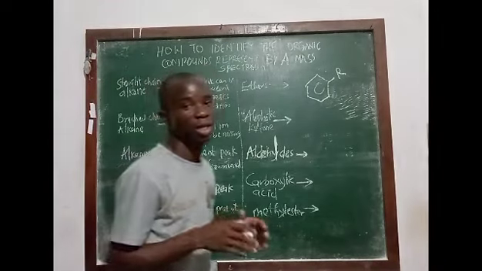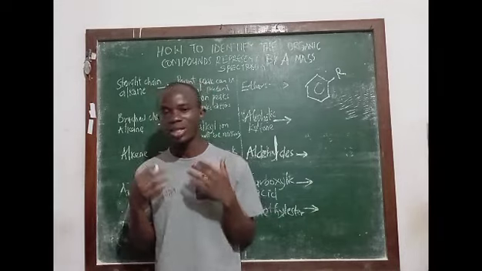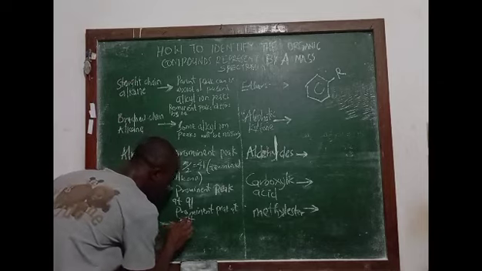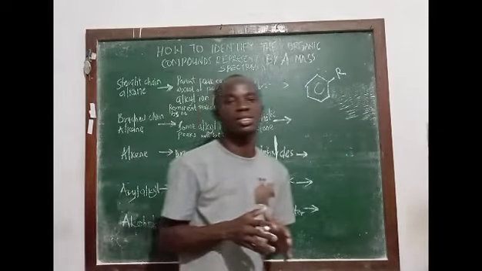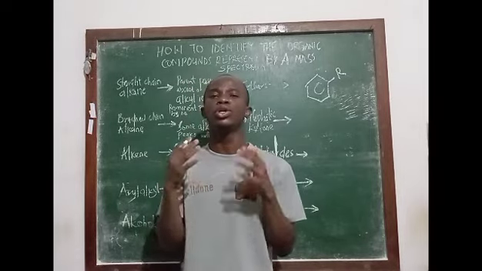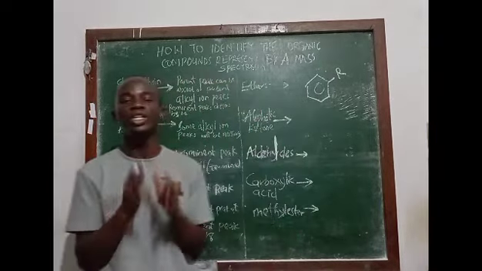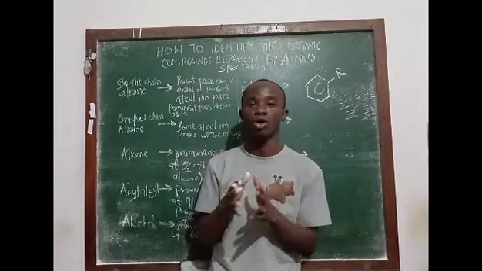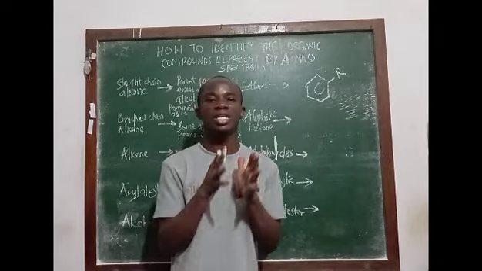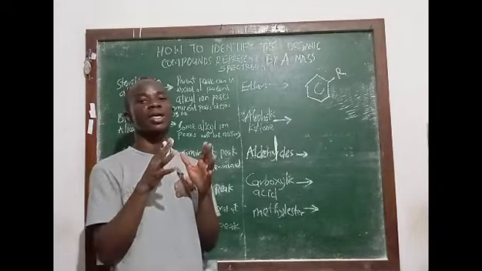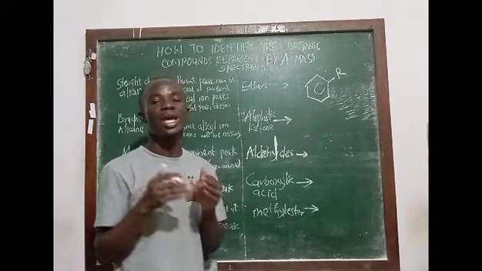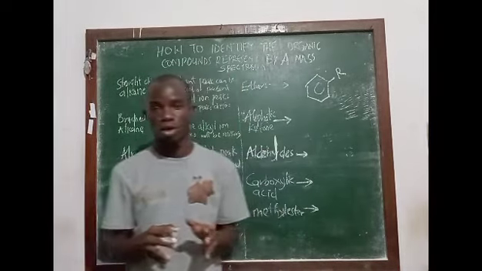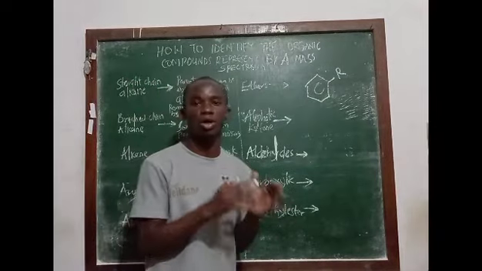For alcohols generally, if you have a mass spectrum that represents an alcohol, you always expect a peak at M minus 18. What this implies is that if the molecular ion peak, or the parent peak, in a mass spectrum is say probably 100, and that mass spectrum represents an alcohol, we expect to see a peak at 82, because 100 minus 18 will give us 82.